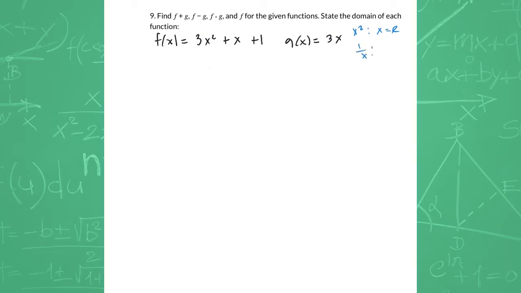And the domain of a rational function is all real numbers except for 0, because if we put 0 in the denominator of a function, the function will be undefined. And we know that the domain of the square root is all real non-negative numbers, because we cannot have a negative number in the radicand. Okay, so now that we have that noted, let's go ahead and start with f plus g.